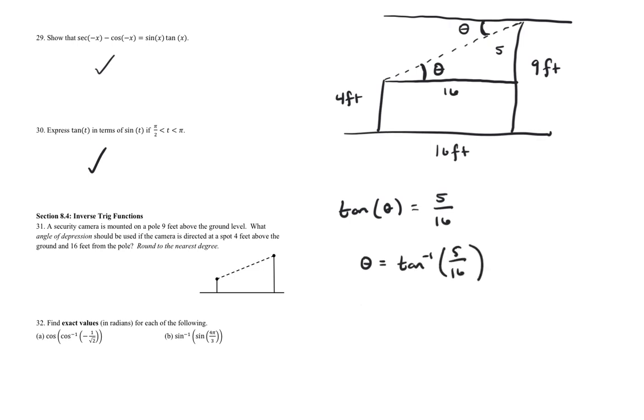And we can plug that into our calculator, making sure that we're in degrees mode, and we get approximately 17.354 degrees, and we want to round to the nearest degree, so we can say that our answer is 17 degrees. So the angle of depression that should be used if the camera is directed to a spot 4 feet above the ground and 16 from the pole is 17 degrees.